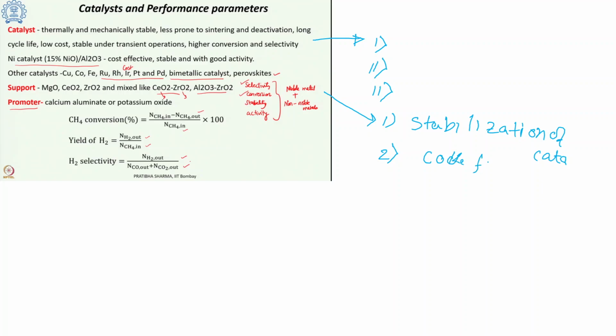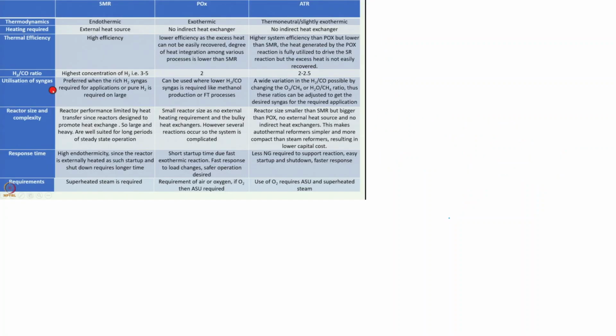Less deposition of carbon means the efficiency of the reactions will be high. How can we reduce coke formation? By using an extra amount of water vapor. This is also one process.